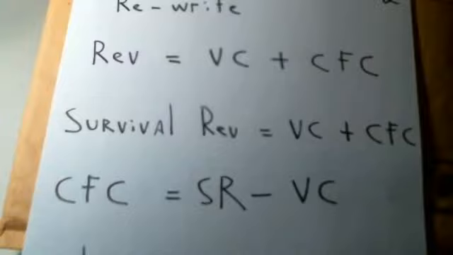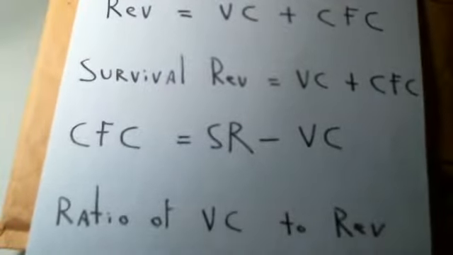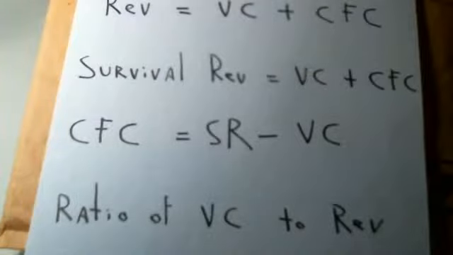So we can write that survival revenue equals VC plus CFC. And again, we want to reorganize that equation to read CFC equals survival minus variable cost.